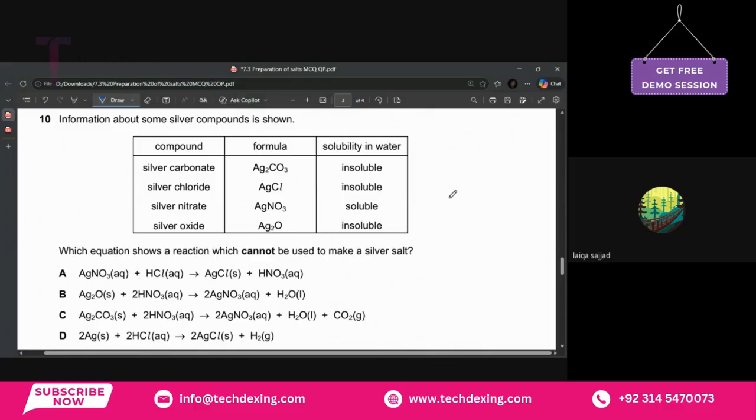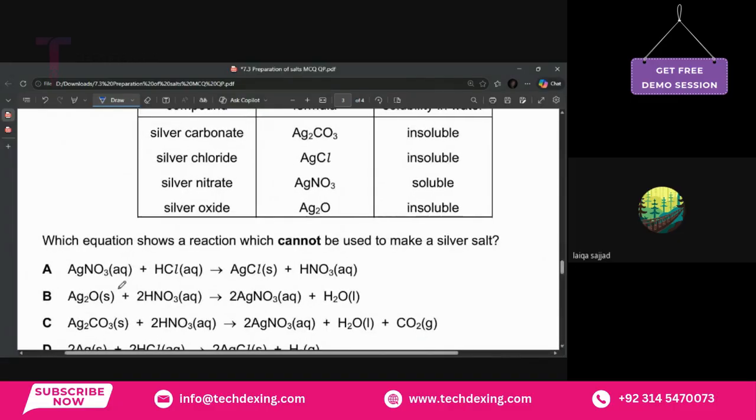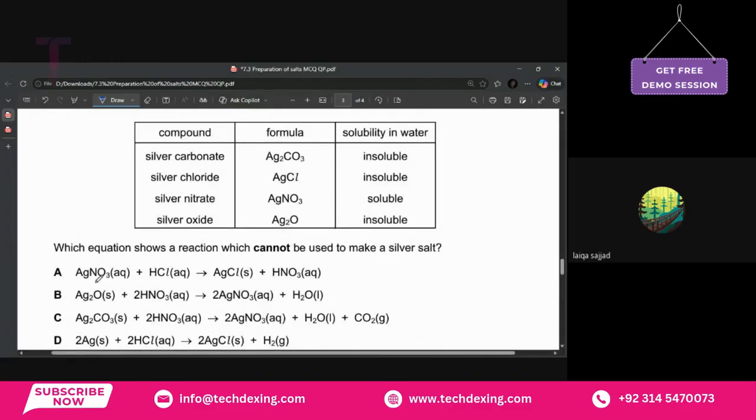Looking at option A, can this first option be used to make a silver salt? Yes, this is a precipitation reaction, right? Which compound is this one? It's silver nitrate. It is soluble, and we have hydrochloric acid, HCl.